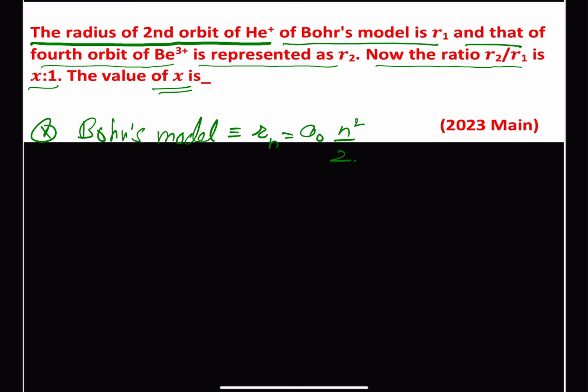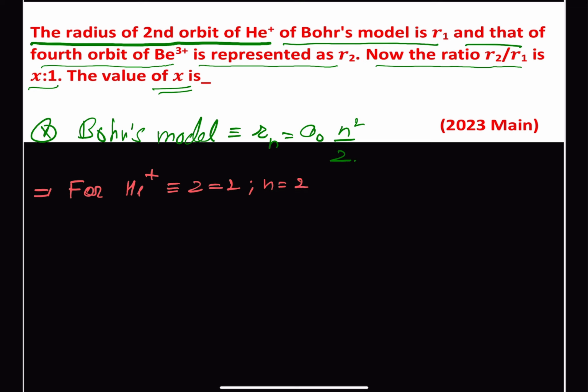Therefore, for He1 positive, value of Z will be equal to 2 and value of n is equal to 2 because it is given as second orbit.